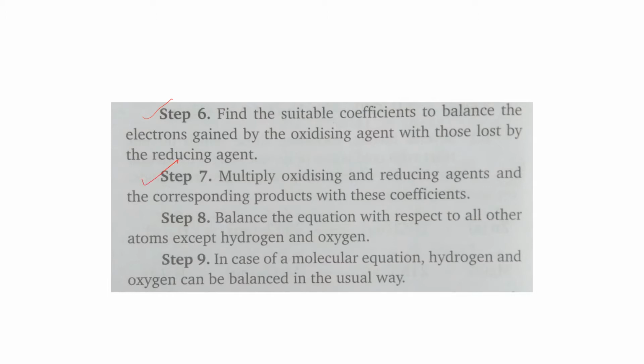Step number 8: balance the equation with respect to all other atoms except hydrogen and oxygen. Then, in case of a molecular equation, hydrogen and oxygen can be balanced in the usual way.